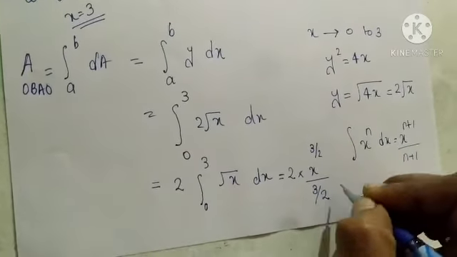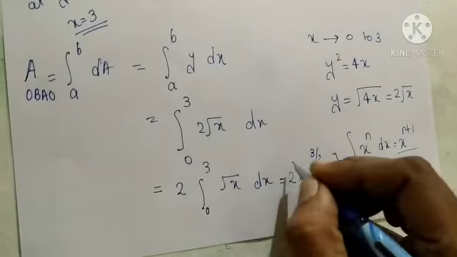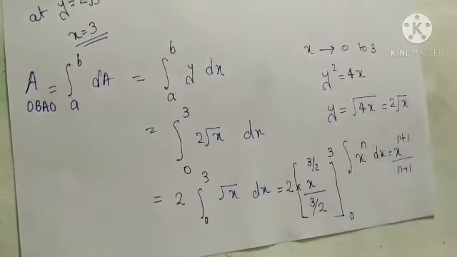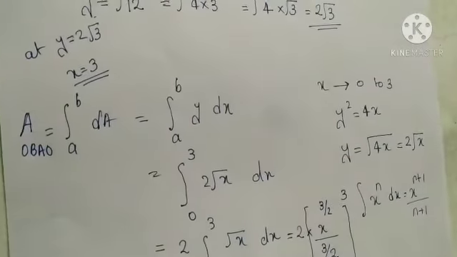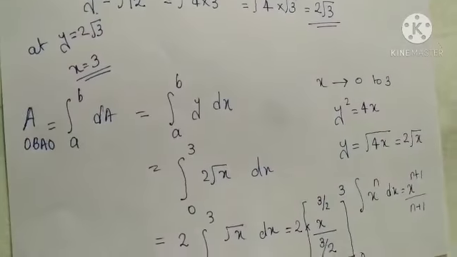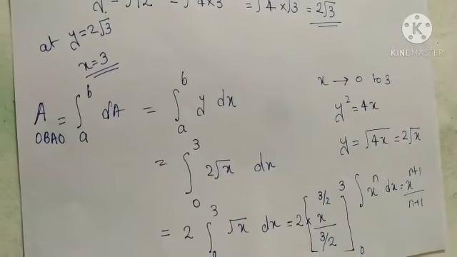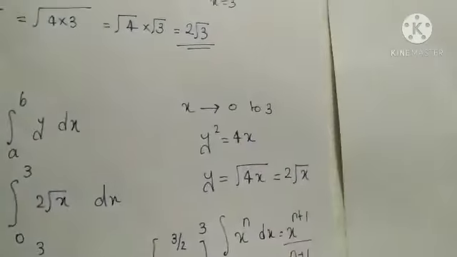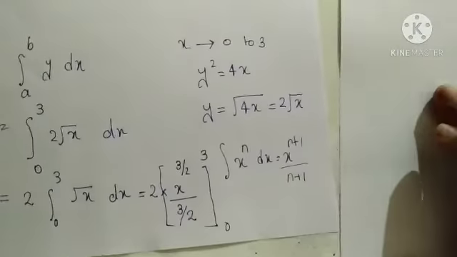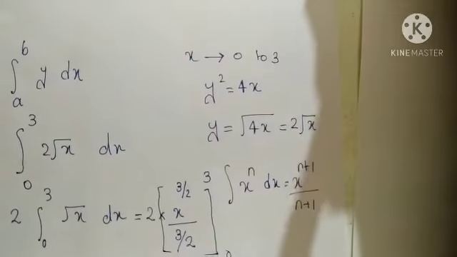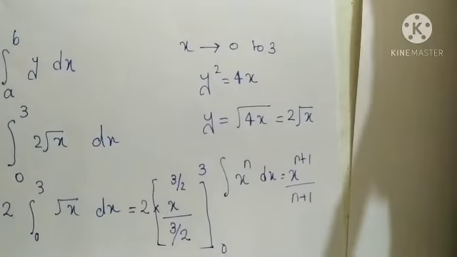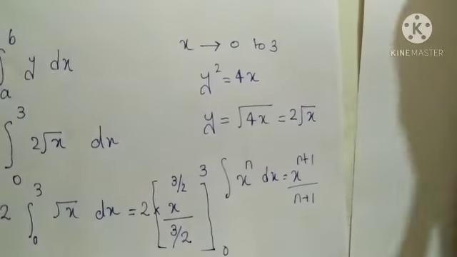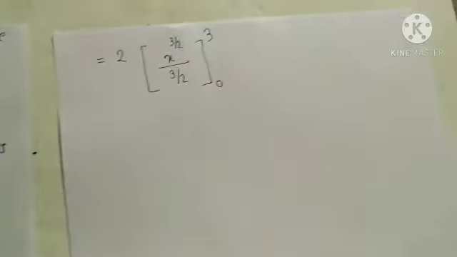Okay, and don't forget to write the limit 0 to 3. Next, I am going to apply the limits. So this is our step: 2 into x raised to 3 by 2 divided by 3 by 2, and the limit is 0 to 3.